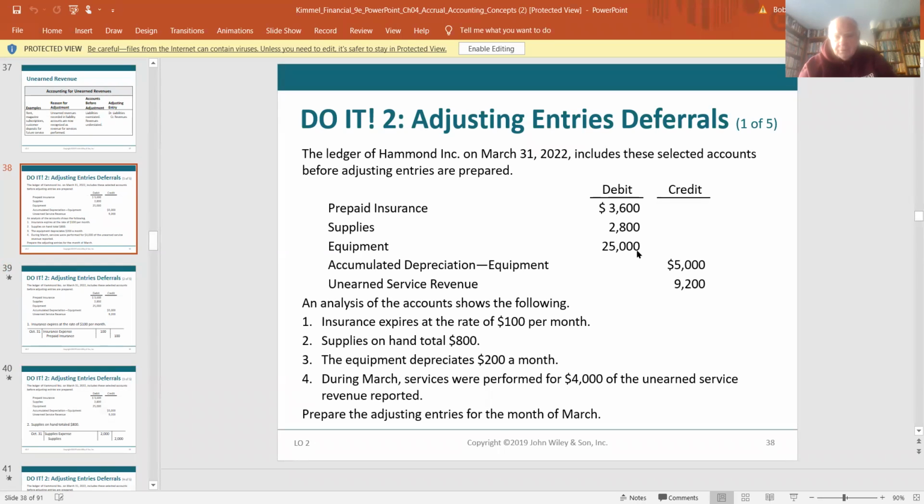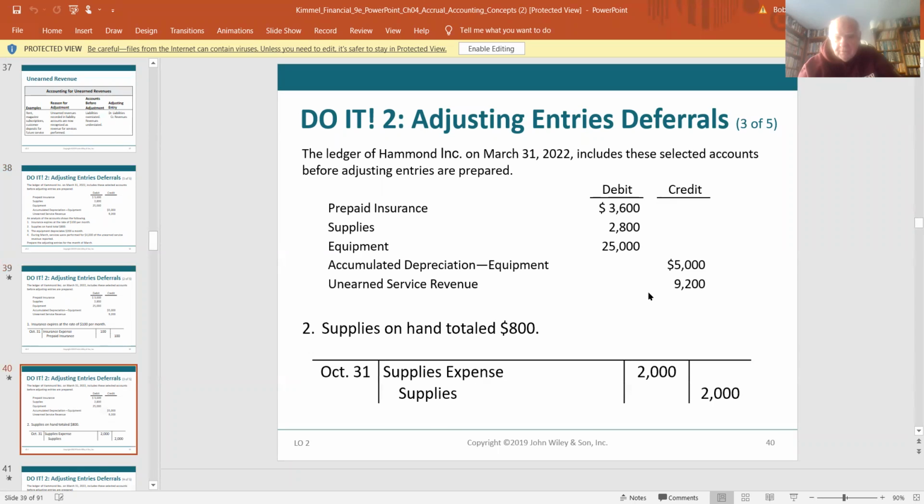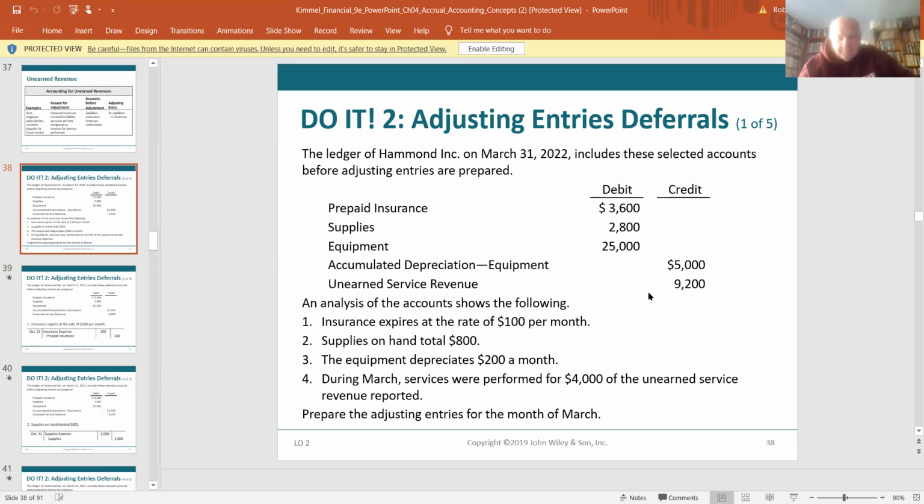Well, there were $2,800 of supplies that we purchased that we haven't put into an expense yet. So at the end of the month, they had $800 on hand. That means that they consumed $2,000. Debit supplies expense, credit supplies the asset. Remember what we said? Every journal entry is going to include an income statement item and a balance sheet item.